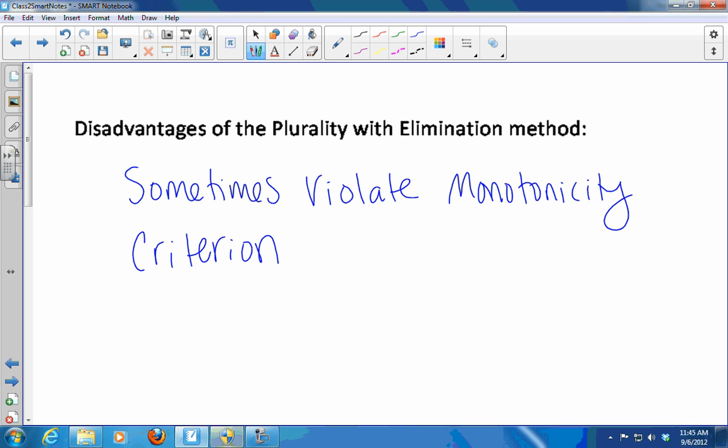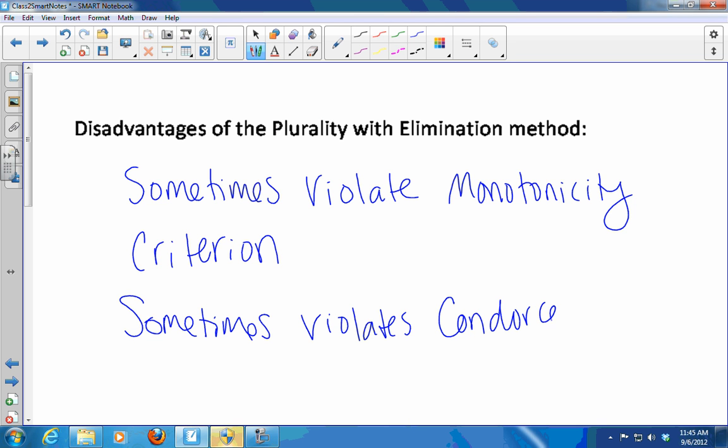First time, he doesn't have authority at the beginning, he's going to lose. Yep. And also, I didn't show you an example, but it also sometimes violates Condorcet. So it's possible for someone to win all their head-to-head matchups and not win in the plurality with elimination method.